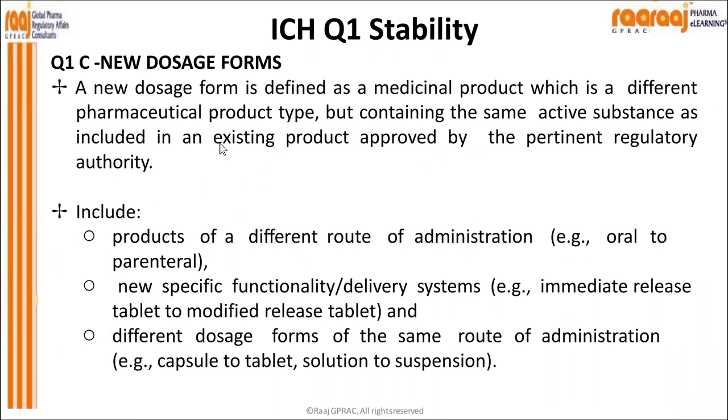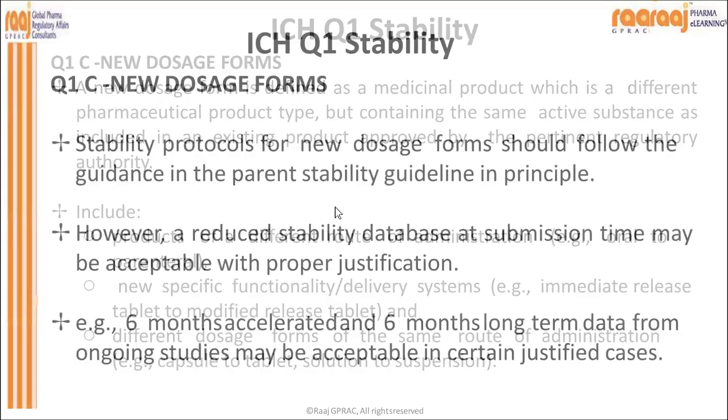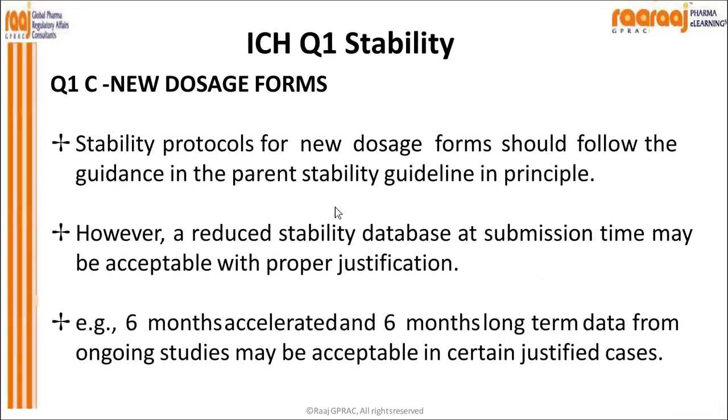A medicinal product of a different pharmaceutical product type but containing the same active substance as included in the existing product approved by the pertinent regulatory authority, which includes a product of a different route of administration, new specific function or delivery system, right? Or a different dosage form altogether, like capsule to tablet, solution to suspension, like that. Then the stability protocol for a new dosage form should follow the guidance in the parent stability guideline.